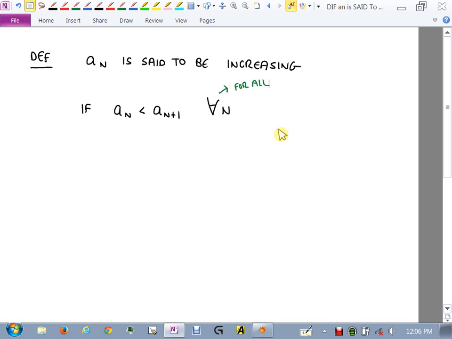Does that make sense? Let's just look at an example. This is saying a sub 1 is less than a sub 2, and then a sub 2 is less than a sub 3, and a sub 3 is less than a sub 4. So it's increasing as you read it left to right like a book. Okay, that's what it means to be increasing. What does it mean to be decreasing?